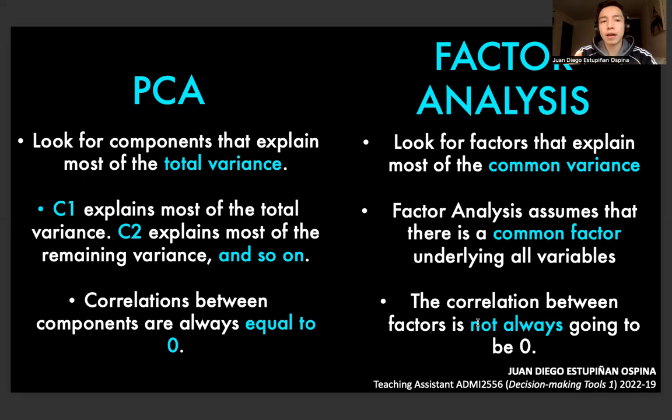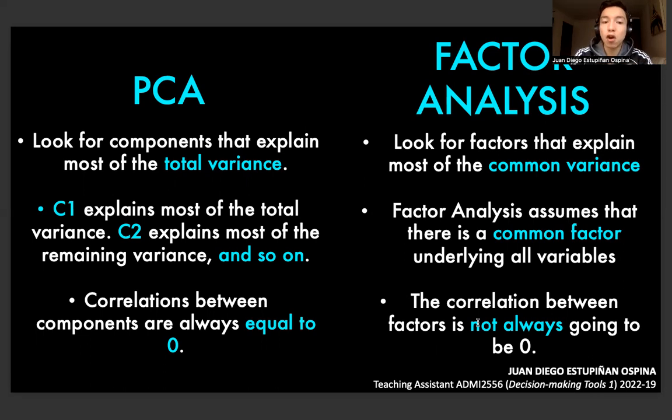Also, in the principal component analysis, the first component, component number one, is always going to be the one that explains the most part of the total variance. And in the factor analysis, we assume that there is a common factor that lets you relate all variables.